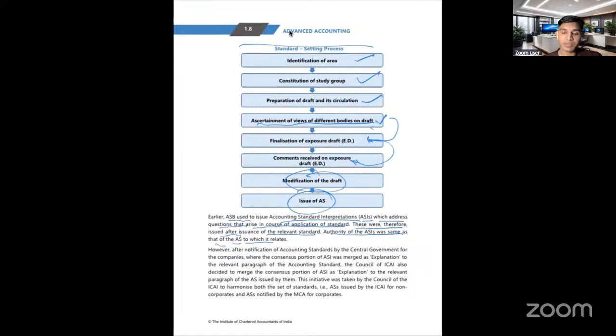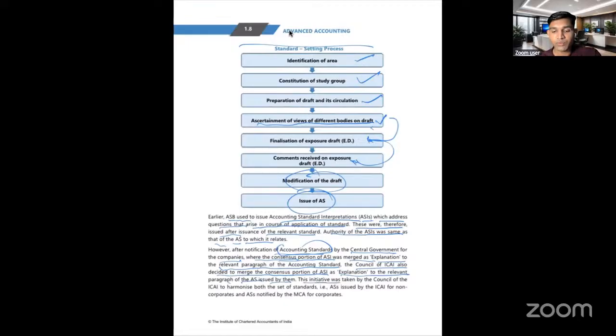However, after notification of accounting standards by the central government for companies, where the consensus portion of ASI was merged as an explanation to the relevant paragraph of the accounting standards, the Council of ICAI also decided to merge the consensus portion of ASI as an explanation to the relevant paragraph of AS issued by them.